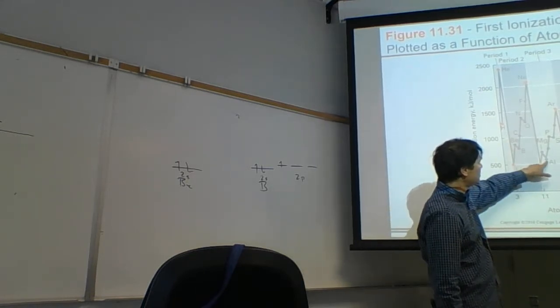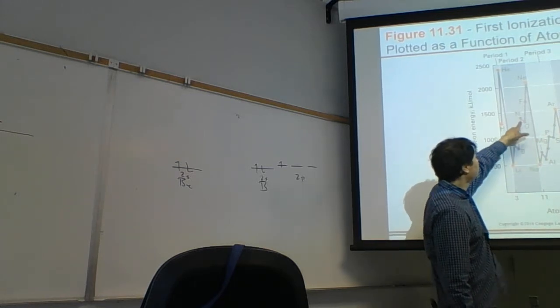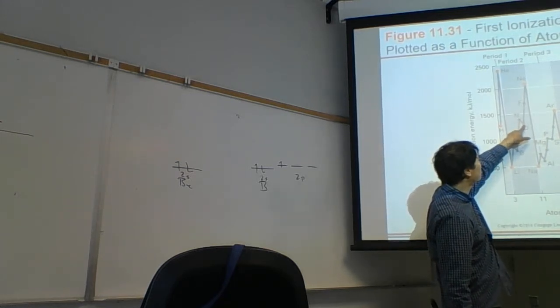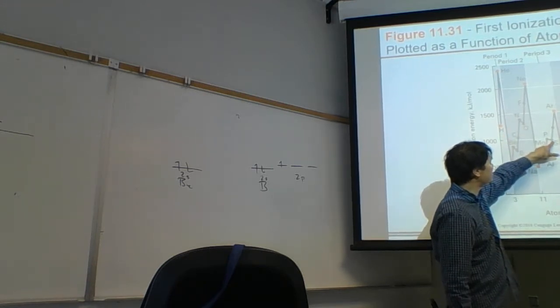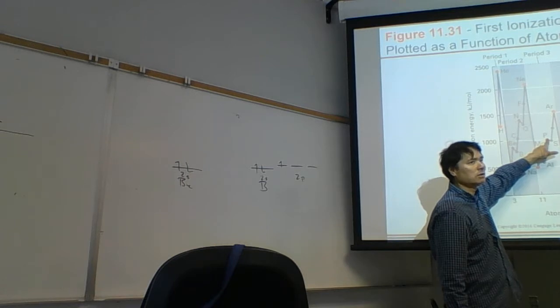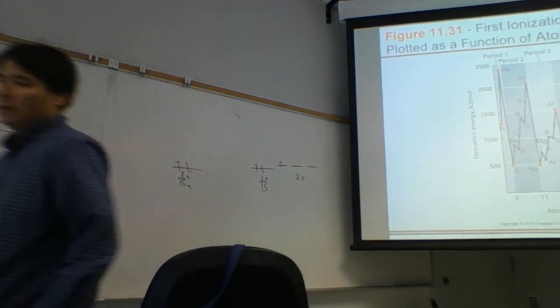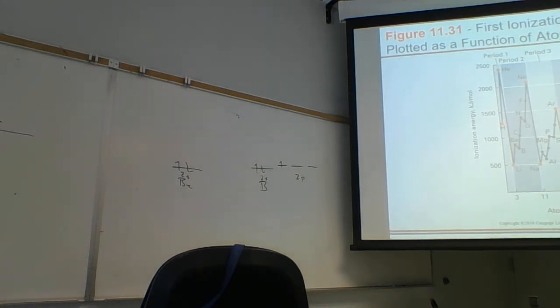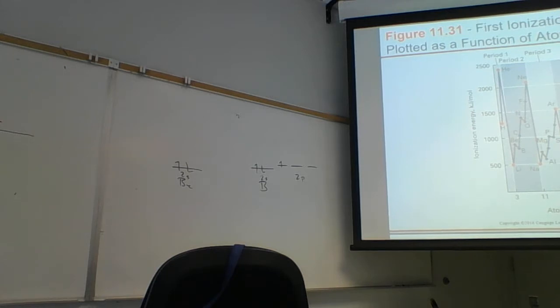So 2p is easier to strip off than a 2s. A 3p is easier to strip off than a 3s. So we see it repeated here. A paired electron is easier to strip off than an unpaired electron. So the pattern repeats, and there's some small exceptions in there that make it a little bit more difficult to describe.